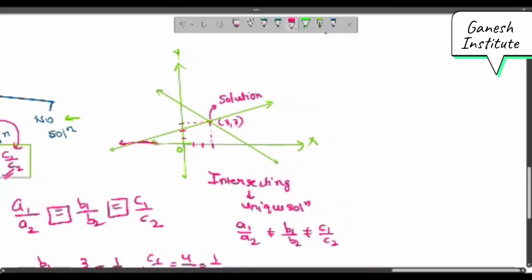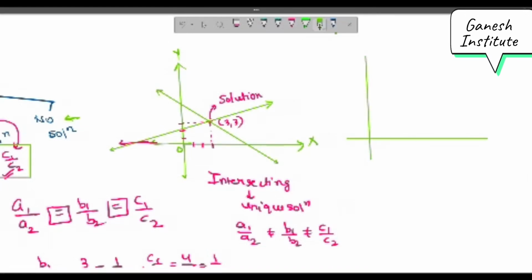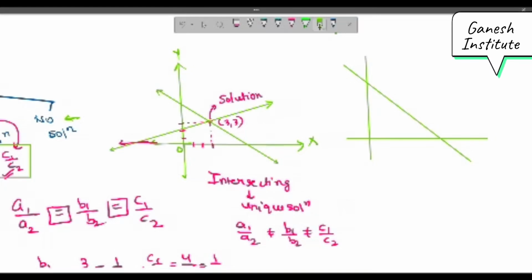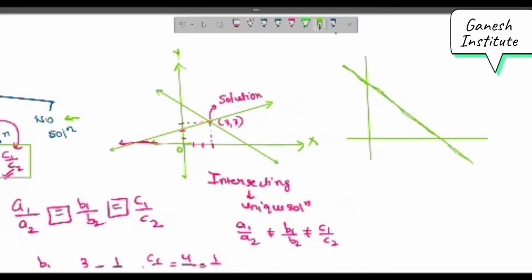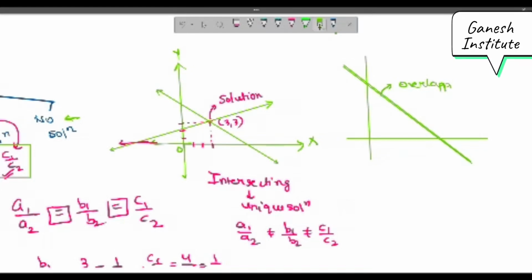But let's say you have this line, and then again you have a line over this only. The same exact line. So a line over the top means that they're the same.